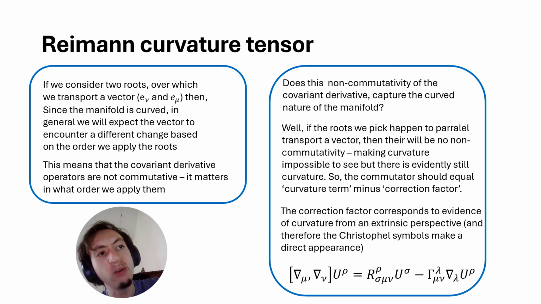And now we're going to break it down to really explore what this R represents. And then we're going to look at contracting it to get the Ricci tensor and then the Ricci scalar, and it's the Ricci tensor and the Ricci scalar which will appear in our Einstein field equations.